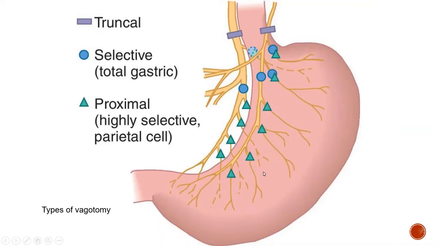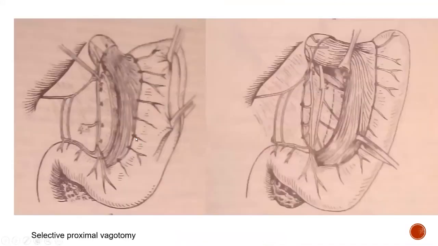And the prevention of the acid production brings a low rate of recurrent ulcers. Here is the scheme of the selective proximal vagotomy. These are the branches of parietal cell.